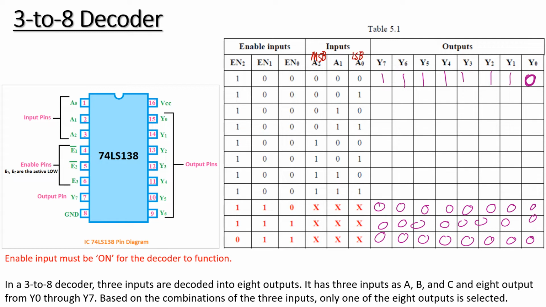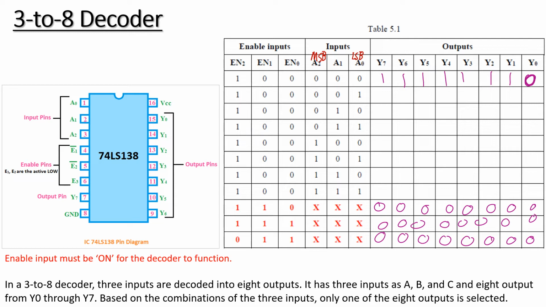The enable inputs are provided from E1 until E3, or you can also write from enable 2 until enable 0. To activate the decoded output depends on the input combination of A2, A1 and A0.